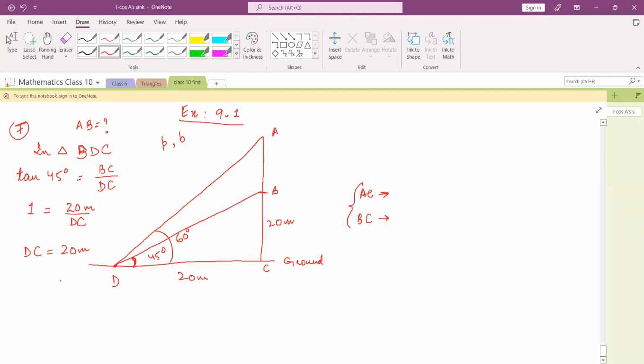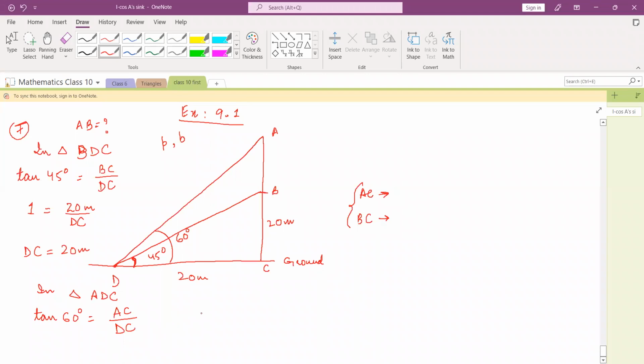Now you take the bigger triangle, triangle ADC. Now I know the value of the base. I want the value of the perpendicular, that is AC. Which ratio should I use? Tan again. So tan of 60 degree will be perpendicular upon base, that means AC upon DC, right?